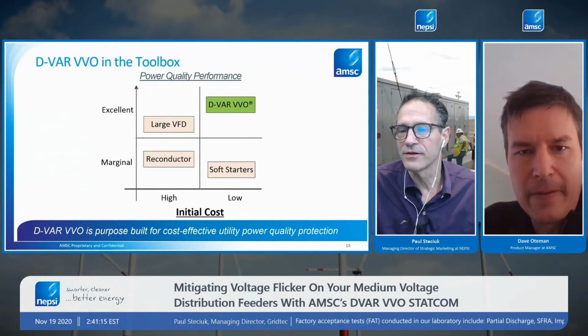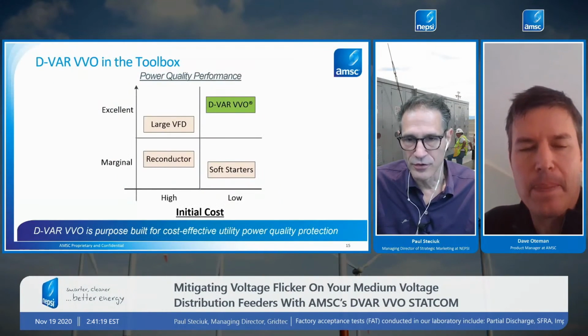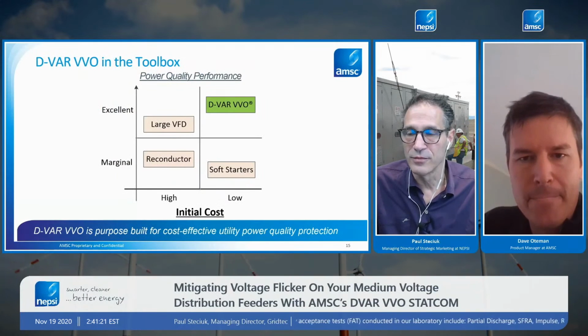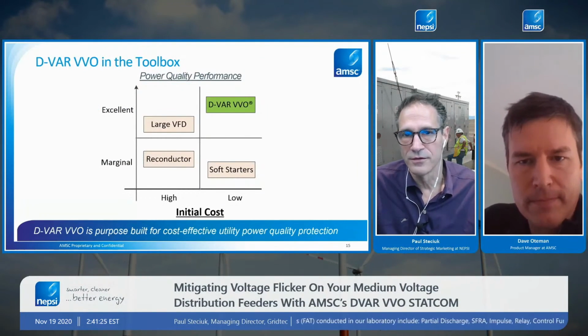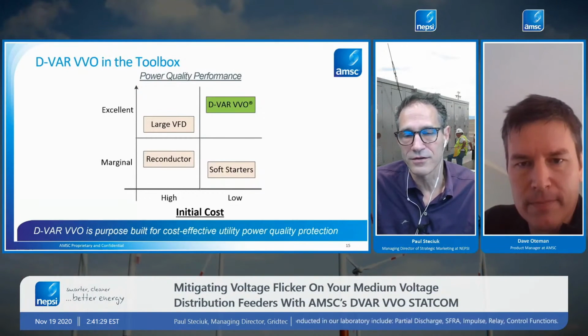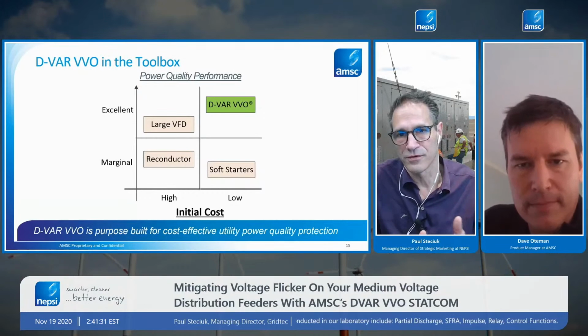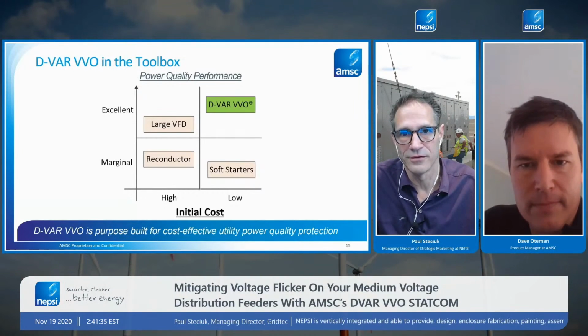So Dave, I think to stress a point, you're talking about it being site level. You might get into an industrial facility and there could be 20, 30 RVSSs, reduced voltage soft starters. So when you're looking at a cost, you have to compare the cost of one VVO to perhaps 30 RVSSs.